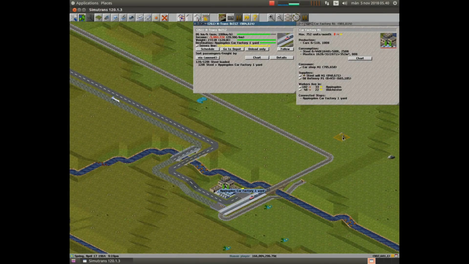Alright, now we are back at the car factory. They have no steel at the moment, but the first steel train should just enter the station. And there they have started manufacturing new cars.